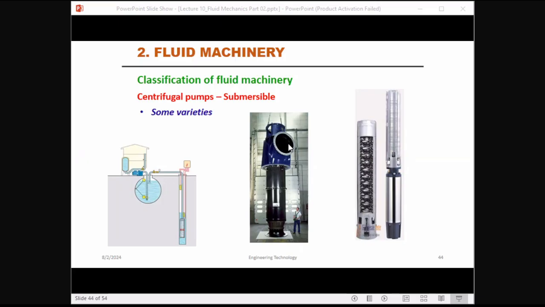These types of pumps are used for various applications. We can pump sewer waste using the submersible pump, and we can pump water wells. It is commonly used for groundwater from wells for agriculture, industrial, and residential use.